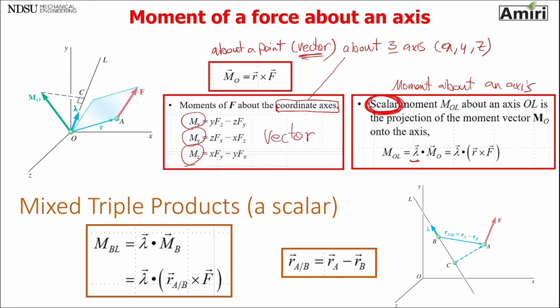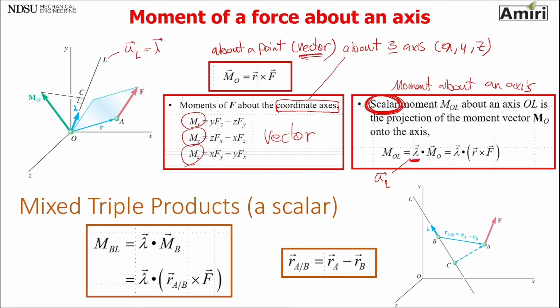This is the dot product with the unit vector. This is lambda, by the way, which is the same as the unit vector of this arbitrary line A, or just use lambda for it. It's the same thing. This is a scalar. So this is again a summary, a comparison.